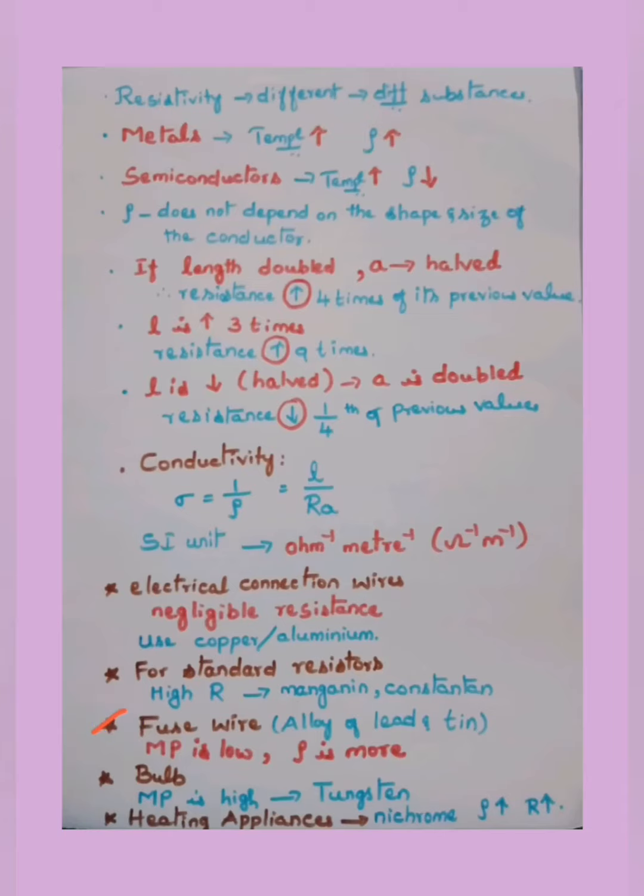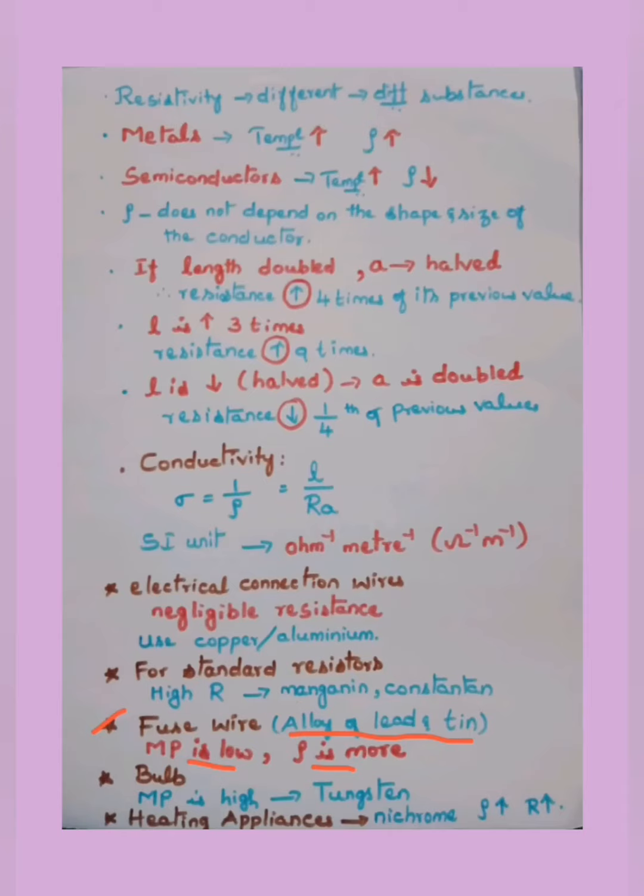Fuse is made up of an alloy of lead and tin. This alloy has a low melting point and the resistivity rho is more for fuse wire. I repeat, fuse is made up of an alloy of lead and tin.